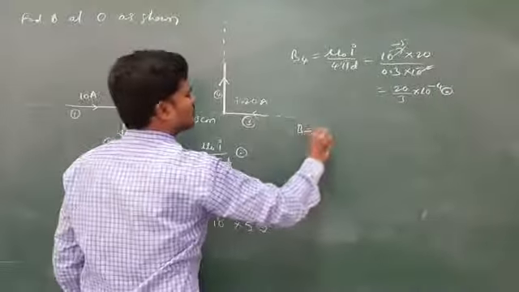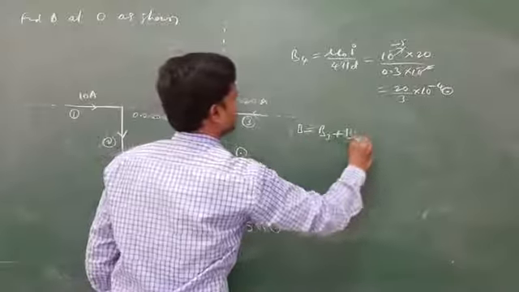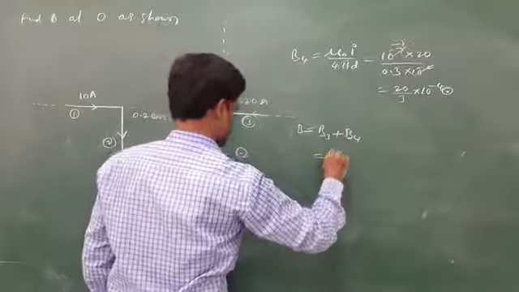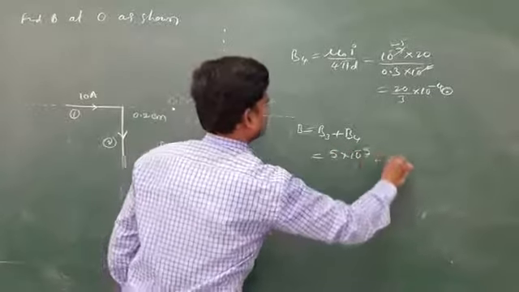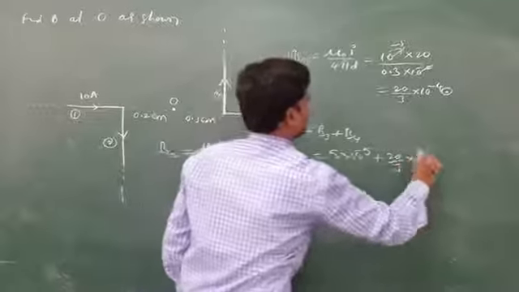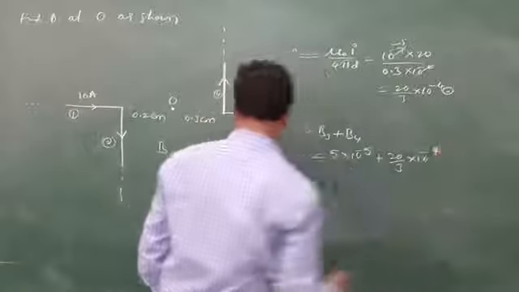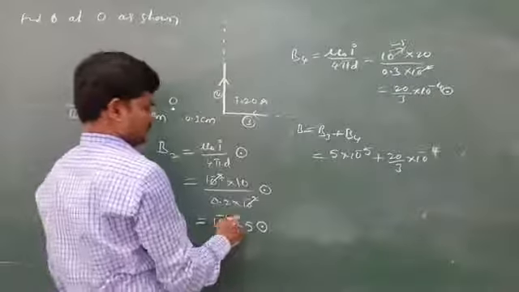Now if both are outward, just add B3 plus B4. So B3 is 5, 10 raised to minus 5, and 20 by 3, 10 raised to minus 4.